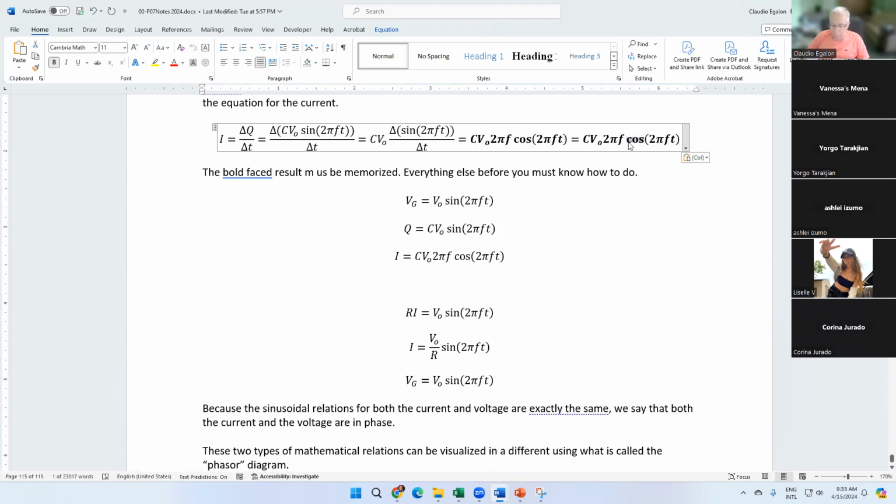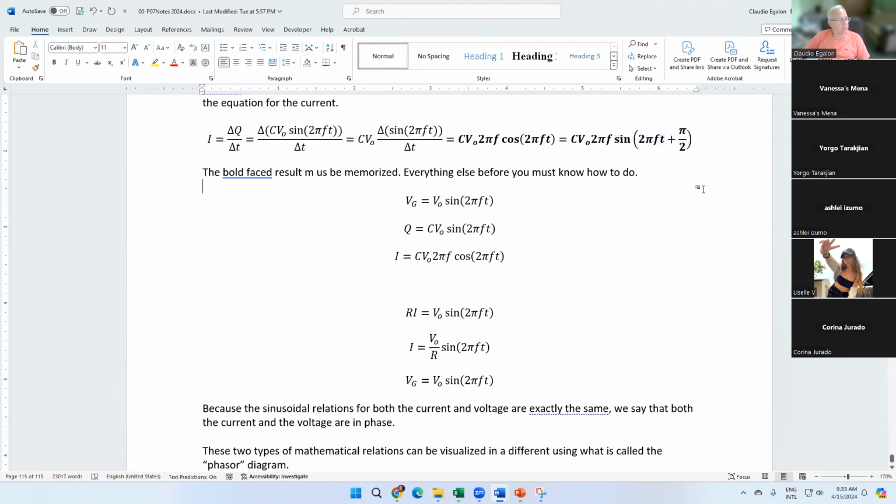Here we can replace by a sine, but then what else do we do? We add a phase term of pi over 2 to the parentheses of the sine. I will write it here. There's more that we can talk about, but let's take a look at that first.